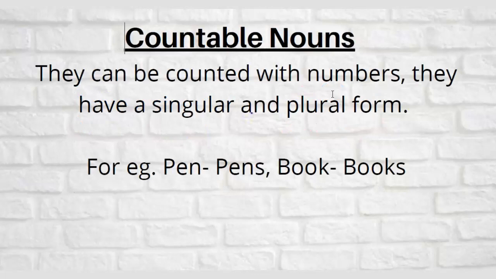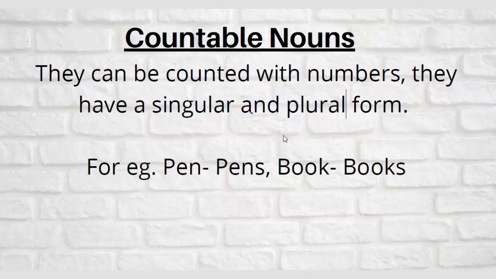We are going to start off by understanding what countable nouns are. As the name suggests, countable nouns can be counted with numbers. By numbers, I mean whole numbers 1, 2, 3, 4, simple. And they have a singular and a plural form.